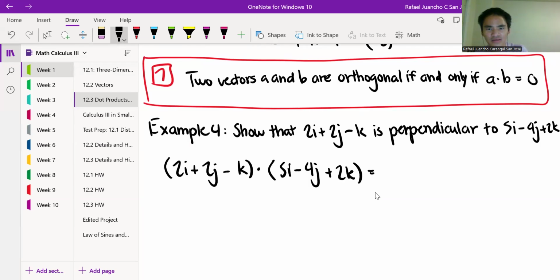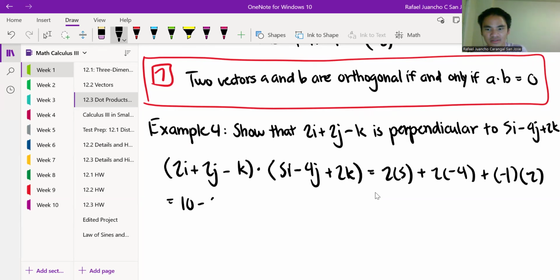And we get 2 times 5 plus 2 times negative 4 plus negative 1 times 2.